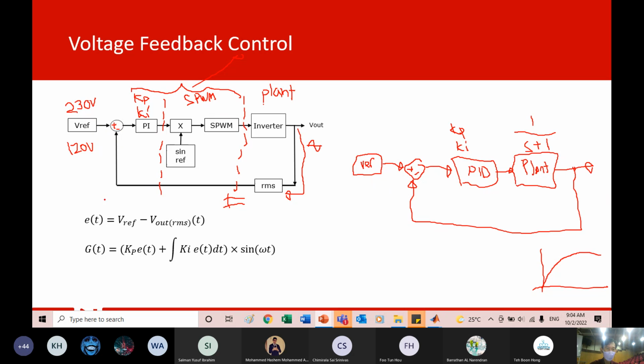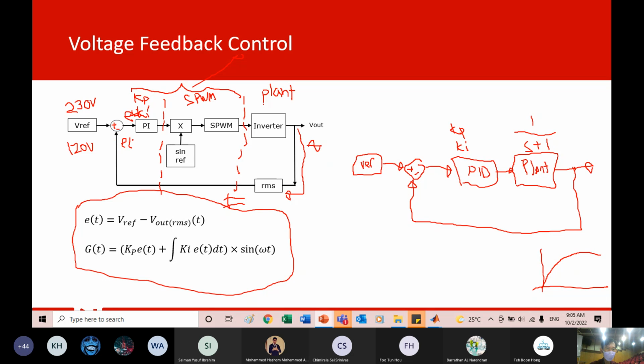Now, how to write the equation? This one is also important. Just to know that if you are given a control block, how do you derive the equation from the block? Or if I give you the equation here, by looking at the equation, you should be able to draw the block, and vice versa. So first of all, E is the error here, E of t. Let me draw it here better.